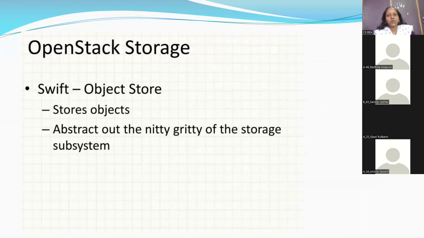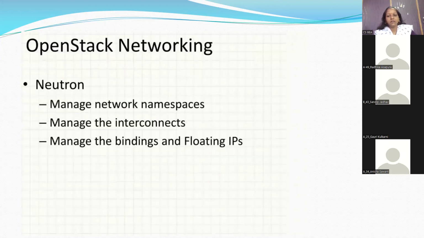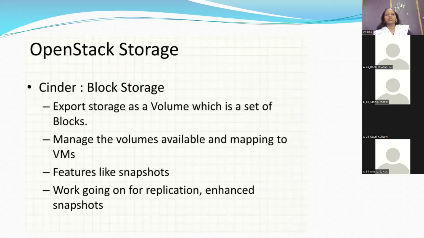Then for storage purposes, Swift is used. Swift is used for storing the objects, abstracting out the nitty-gritty of the storage subsystem. Then comes block storage, called Cinder. It exports the storage as a volume, which is a set of blocks.